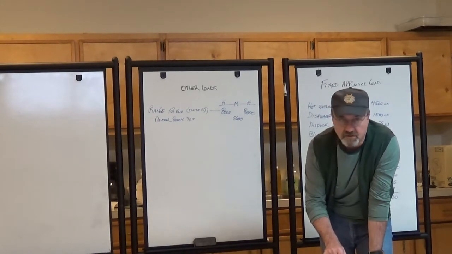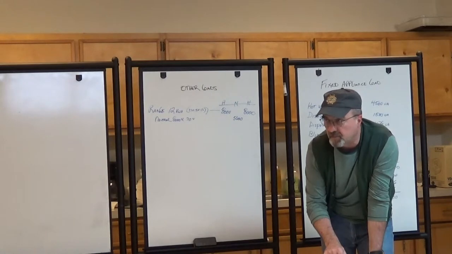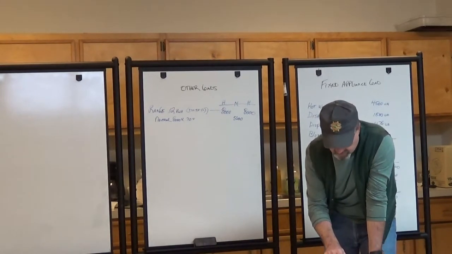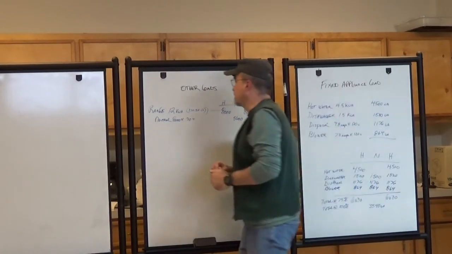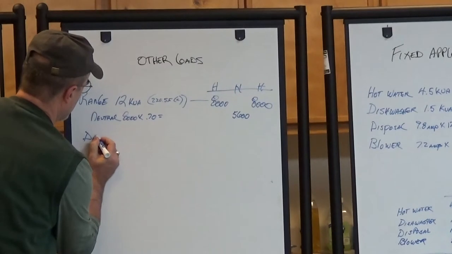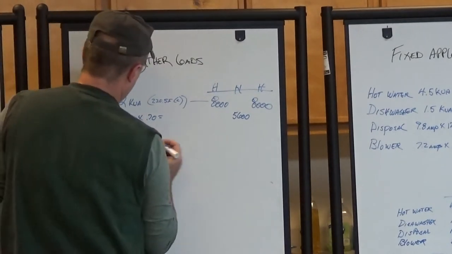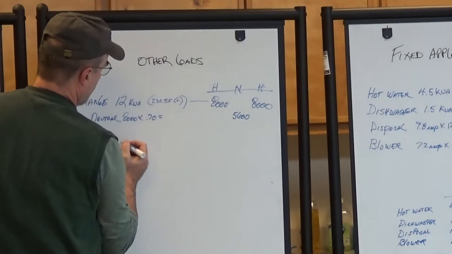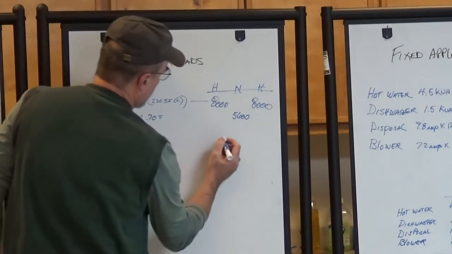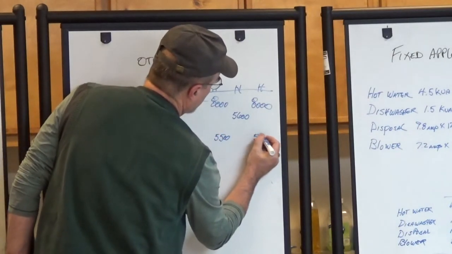In this case, the dryer is 5.5 kVA, and so we have to apply 5.5 kVA. And the demand factor is still 100%. So for the dryer, we're going to put 5,500 on the hots.